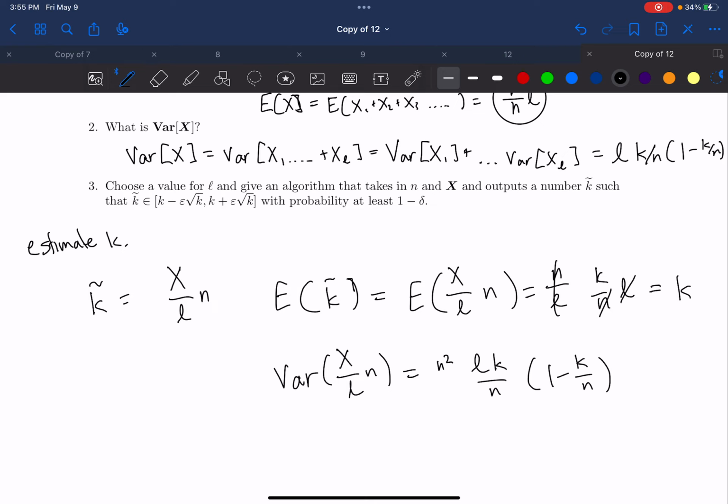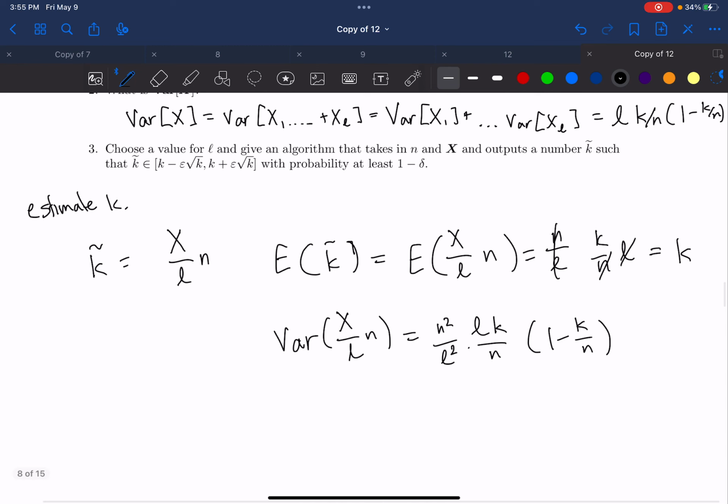So it's going to be N squared over L squared times this, which means our value here is going to be equal to N K over L times 1 minus K over N.